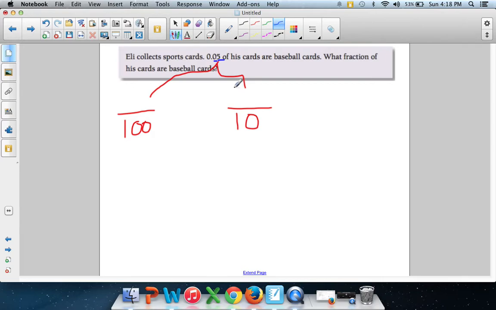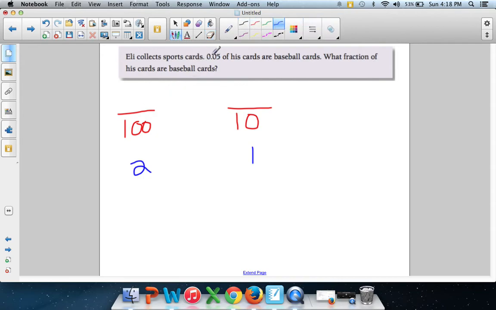All right. If there are 2 places, 1 and 2 numbers, that's going to be over the 100. If there is 1 place, that's going to be over the 10. Take a look at 0.05.